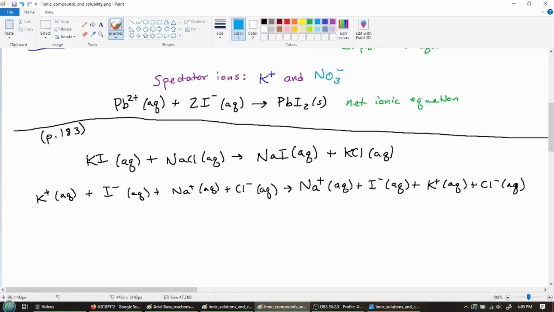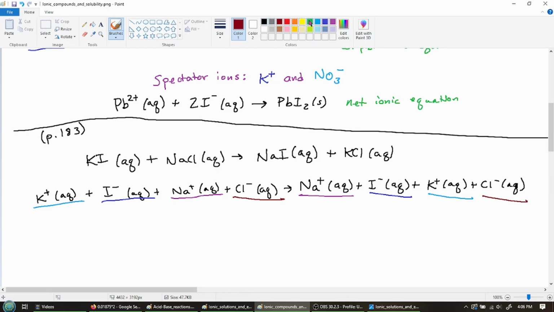It looks to me like K+ is the same. How about I-? Yeah, that one looks like it's the same. If I check sodium, that one seems to be the same. How about chloride? Yeah, that one also seems to be the same form.